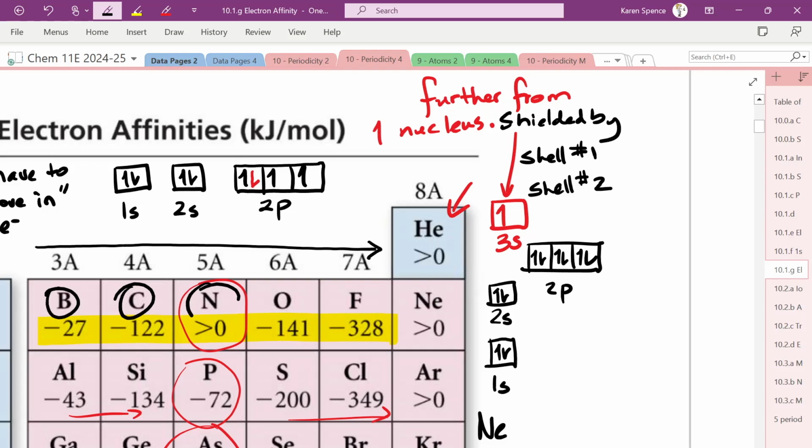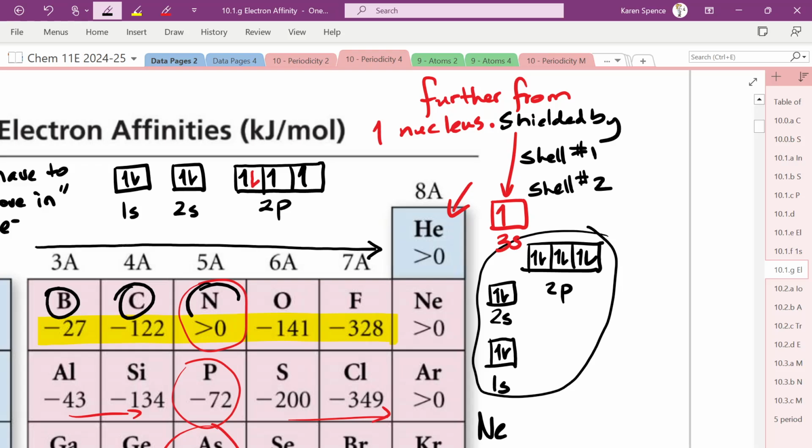Does that make sense? Jonah's like, no, it does not make any sense at all. It doesn't get to go as close to the nucleus. So we have repulsion from all of these guys. All of those electrons are repelling, right? And it doesn't get to go as close to the nucleus. So you're having to shove it in there.